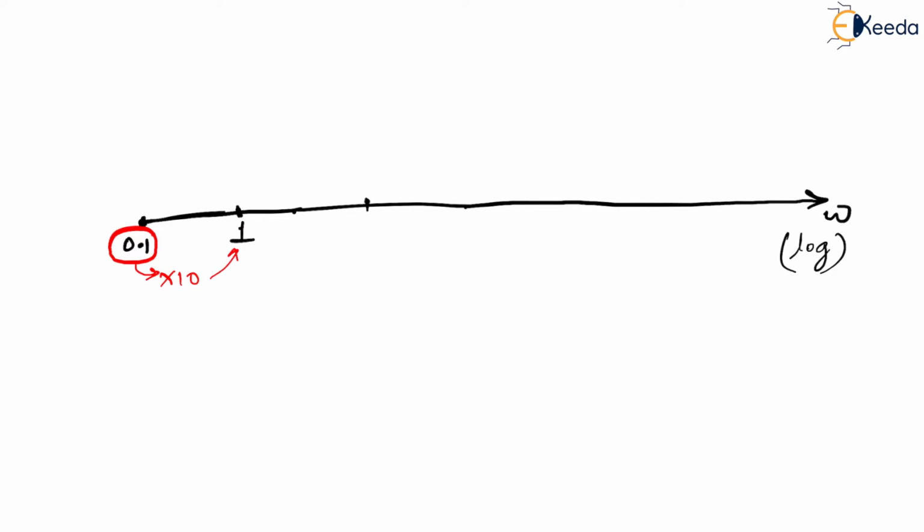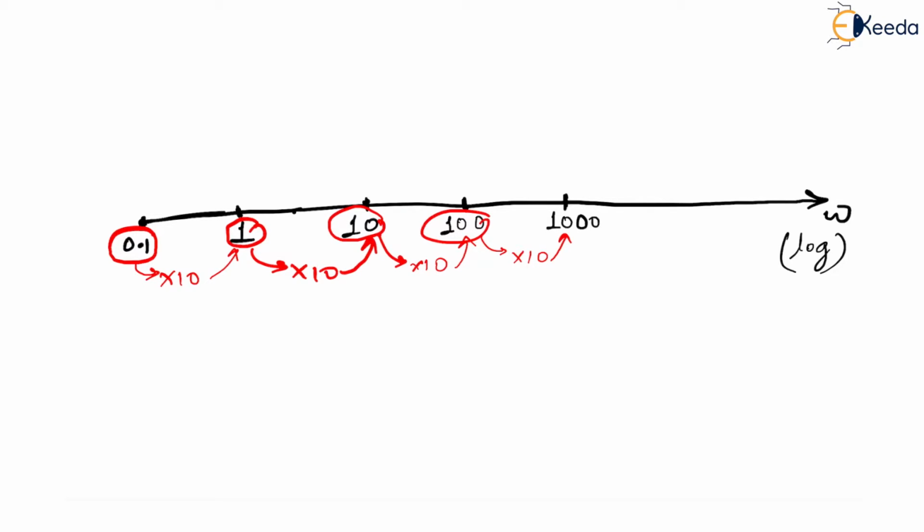Similarly, for the next axis where I have to plot, I multiply the previous one by 10 to reach here, which is nothing but 10. For the next one, I again multiply the previous axis by 10, and 10 into 10 is 100.